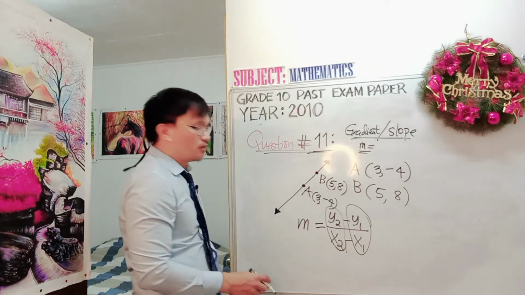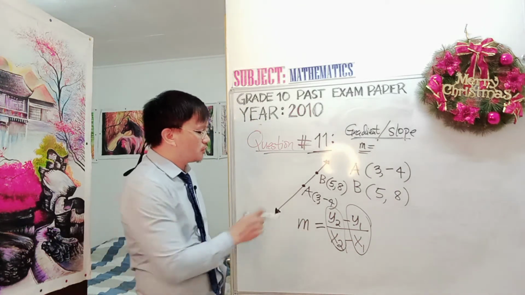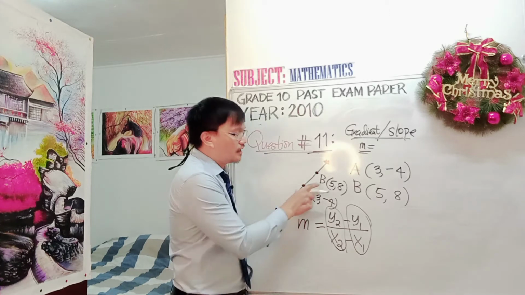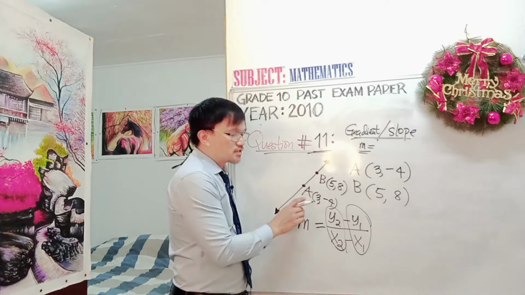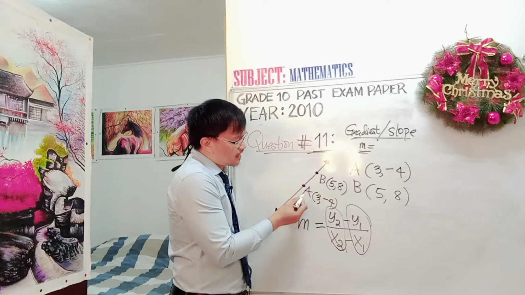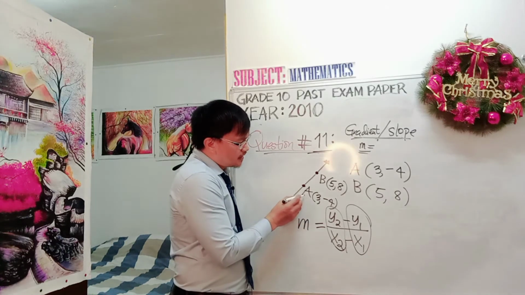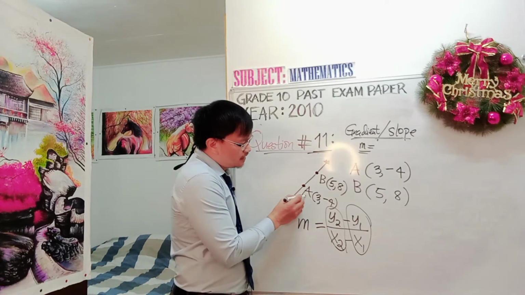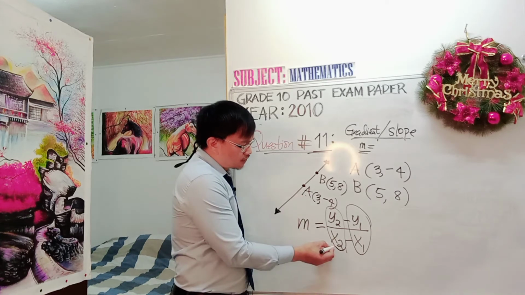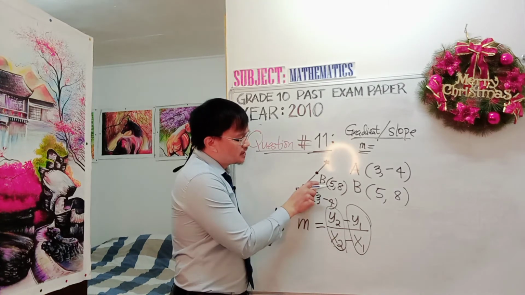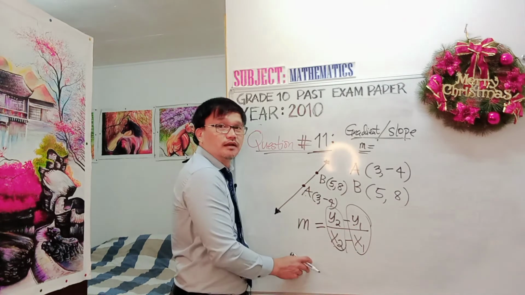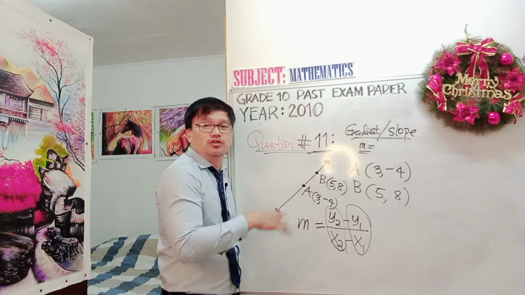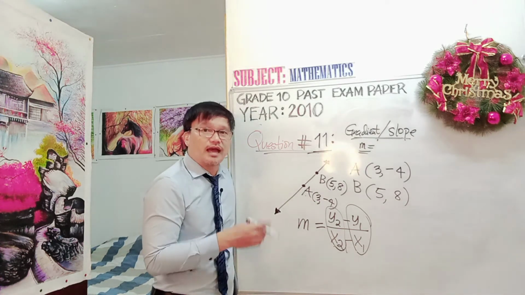You can decide which of these 2 points, A and B, would be y sub 2 and y sub 1. A could be the first one and B the second one, or you can interchange them and still come up with the same answer.